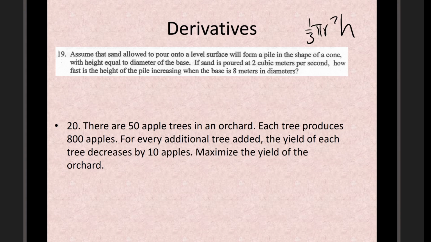See how your implicit differentiation has held up, or your word problem creation, problem solving skills. Liam, if that's the Aspen, she's right. Height is equal to the diameter. That's what it says in the question.